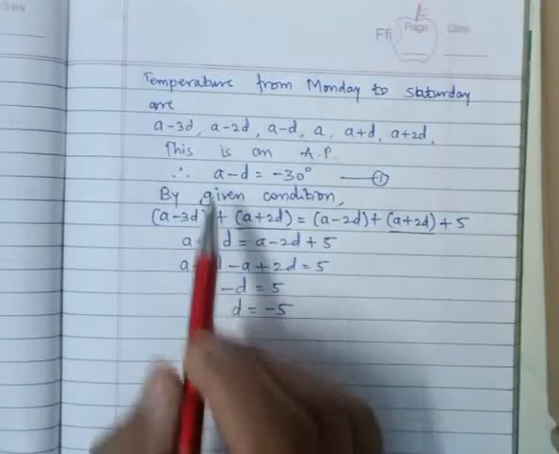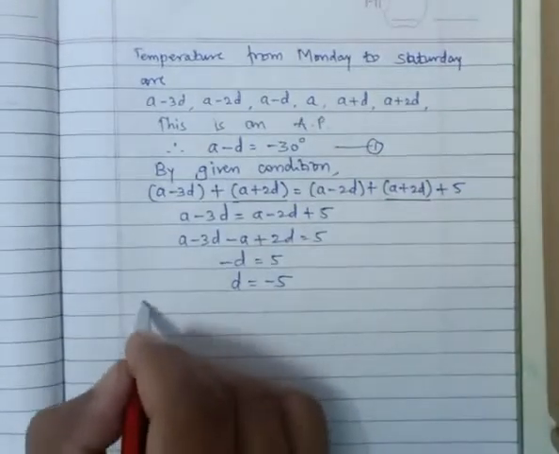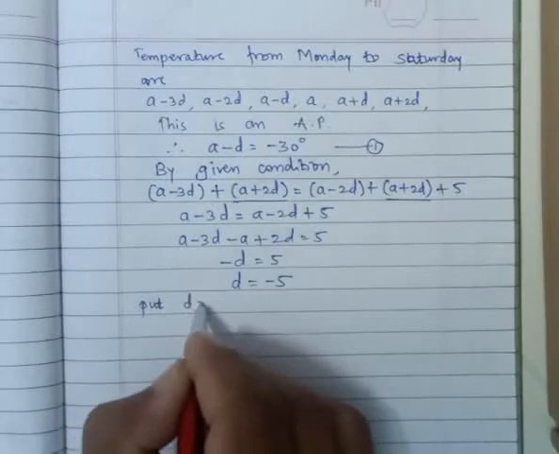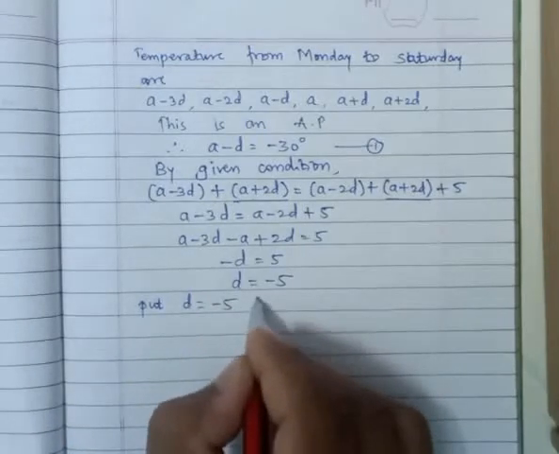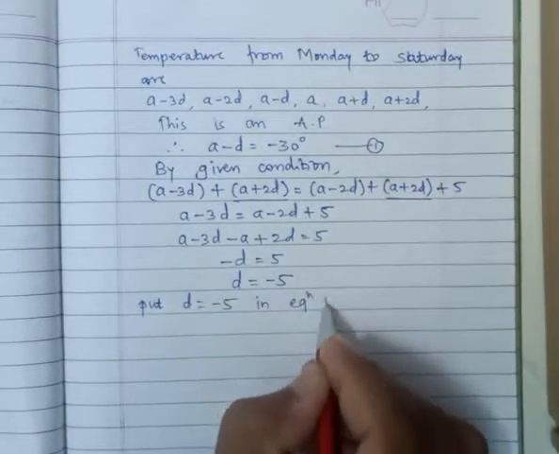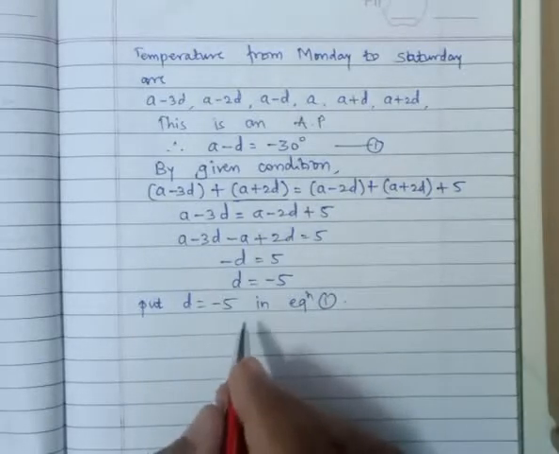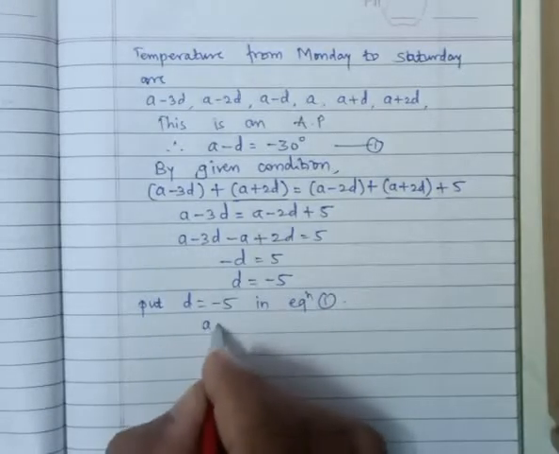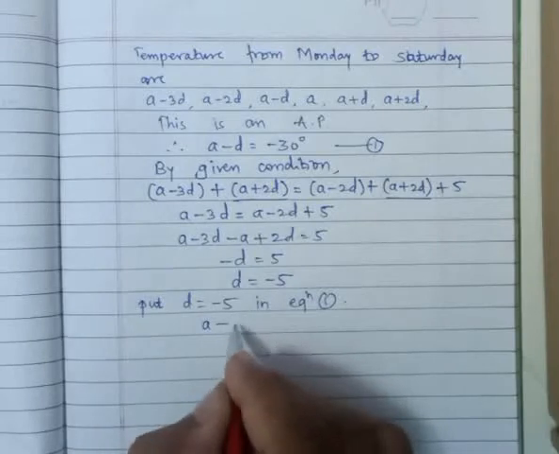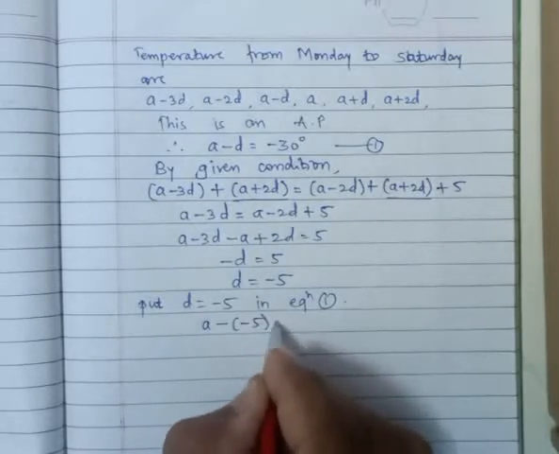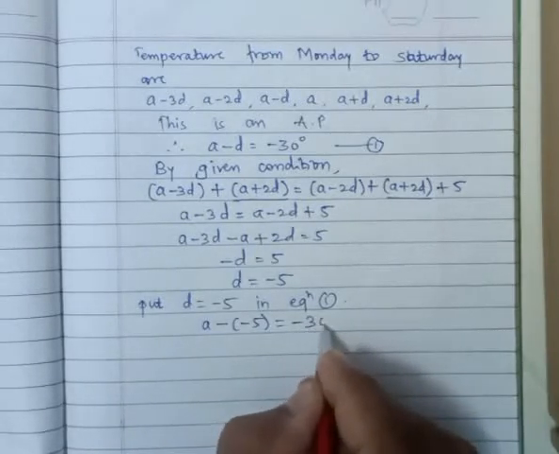Put D equal to negative 5 in equation 1. Equation 1 becomes A minus D, with D equal to negative 5, so A minus of negative 5 is equal to negative 30.